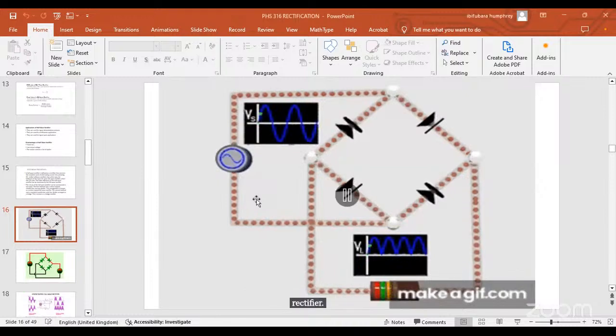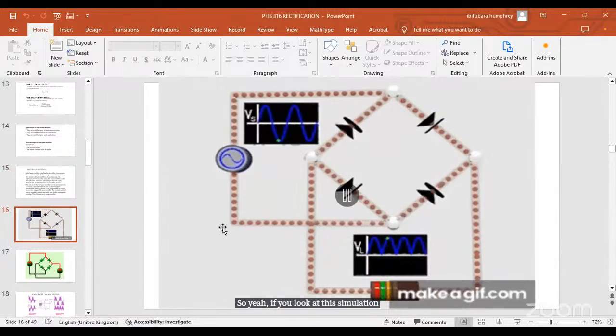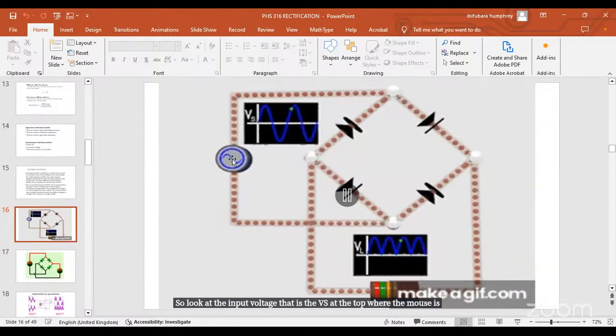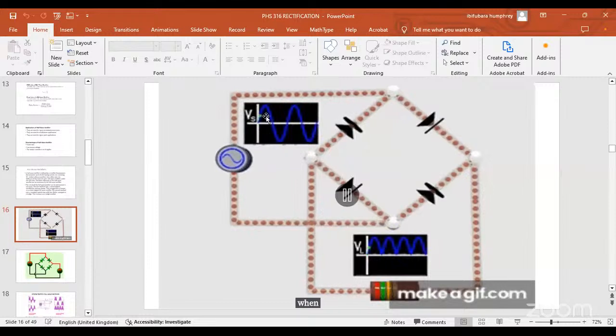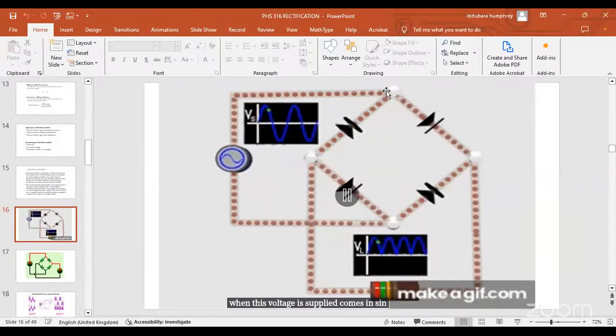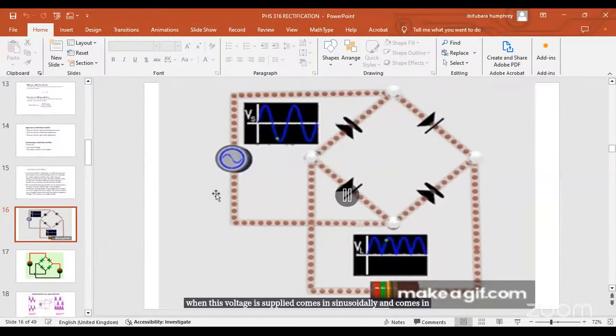So here, if you look at this simulation, you will see, now this is one half, this is another half. So look at the input voltage, that is the Vs at the top here, where the mouse is. When this voltage is supplied, it comes in sinusoidally, one half, and this is the second half.